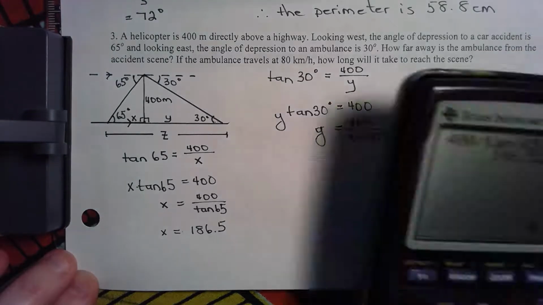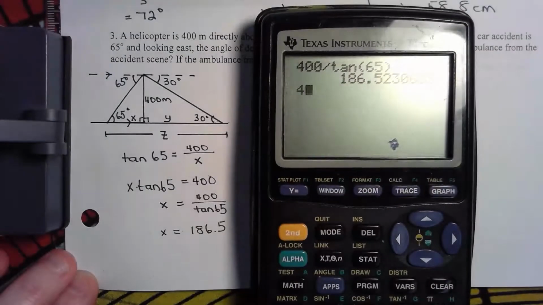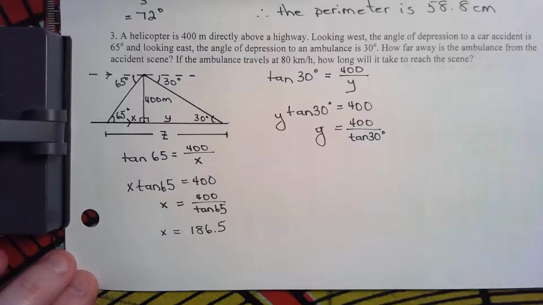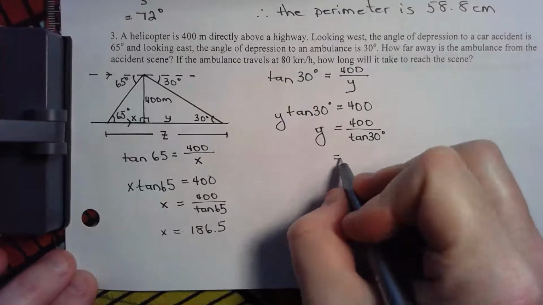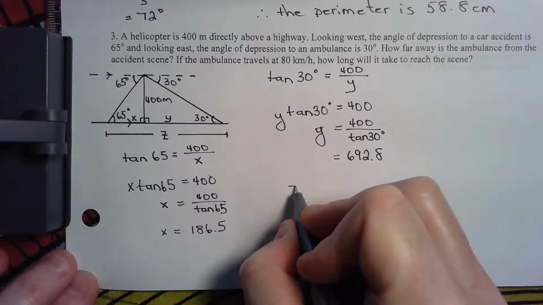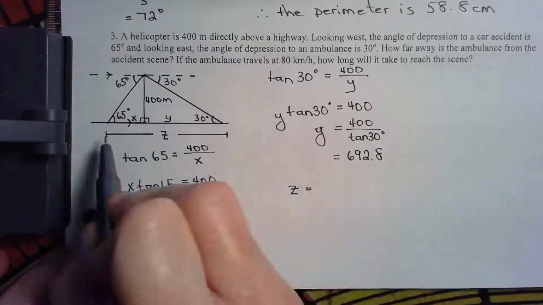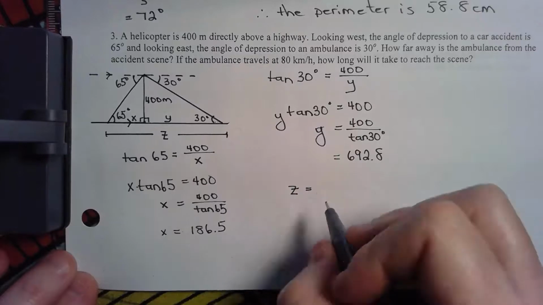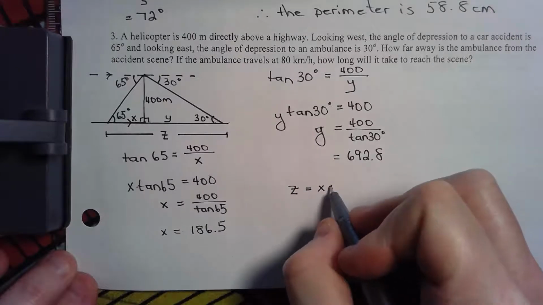Bring over my calculator, and I have 400 divided by the tan of 30, so 692.8. So Y is equal to 692.8. And Z now, which is what I really want to find out, is equal to X plus Y.